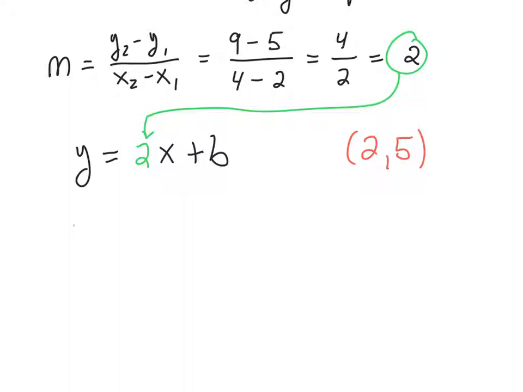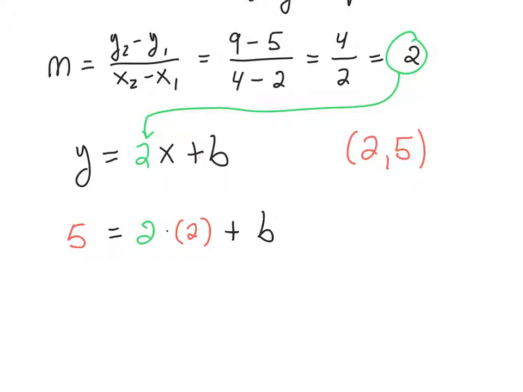So I get 5 is equal to 2 times, well, x is 2, so 2 times 2 plus b. The only thing that's missing here is b. So if I put all my numbers together, I should be able to figure out what b is.